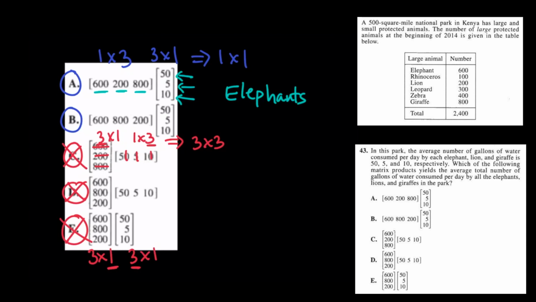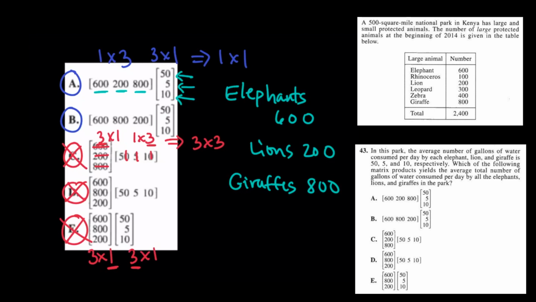There are 600 elephants in this park. Okay, and then lions are 200, and there are 800 giraffes. So then we need to make sure it says elephant, lion, giraffe.